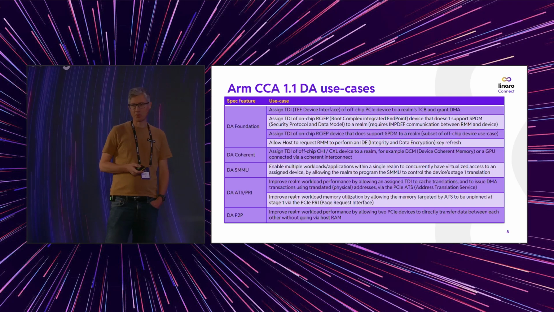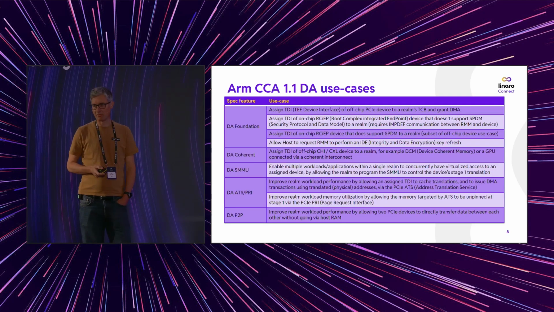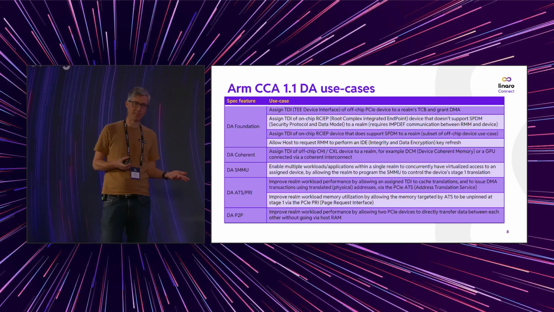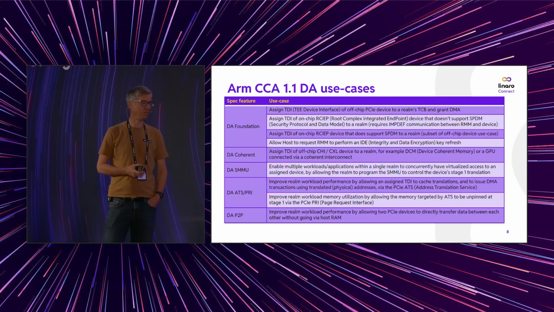But DA SMMU, probably should say DA SMMU level 1. Obviously, even for foundation DA, you need to support stage 2 isolation. But DA SMMU here refers to being able to support stage 1 isolation within the realm, so you can share workloads within a realm, and actually share access to that device function.